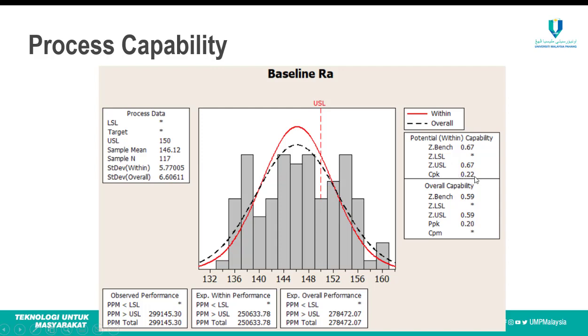We need to refer to the standard value to see what a certain Cpk means. Basically, if Cpk is 0.022, it definitely shows that the process is incapable.